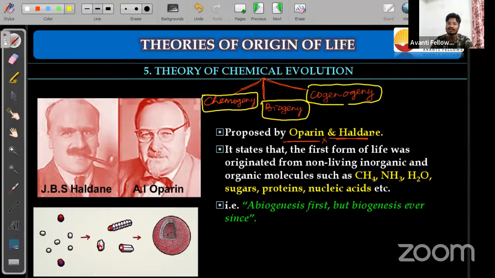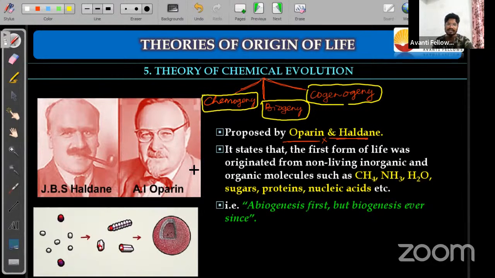Extremely sorry for this one. This theory was given by Oparin and Haldane, but whatever was explained by Oparin and Haldane was proved by Miller in his experiment. He recreated the condition. Miller recreated the condition which was similar to the early Earth condition.